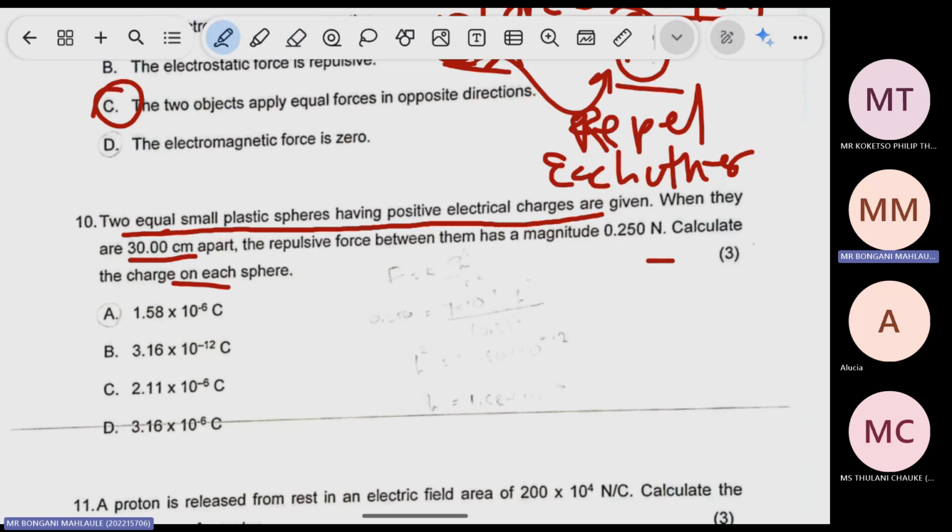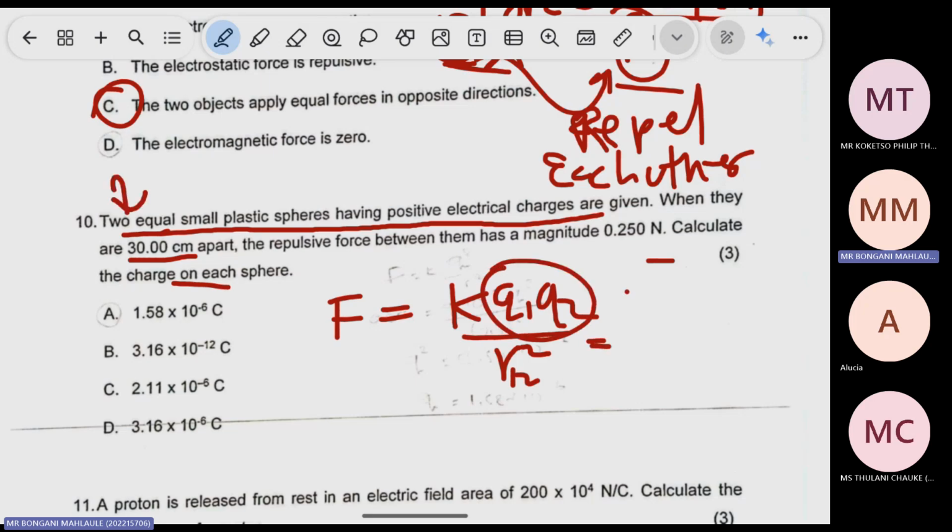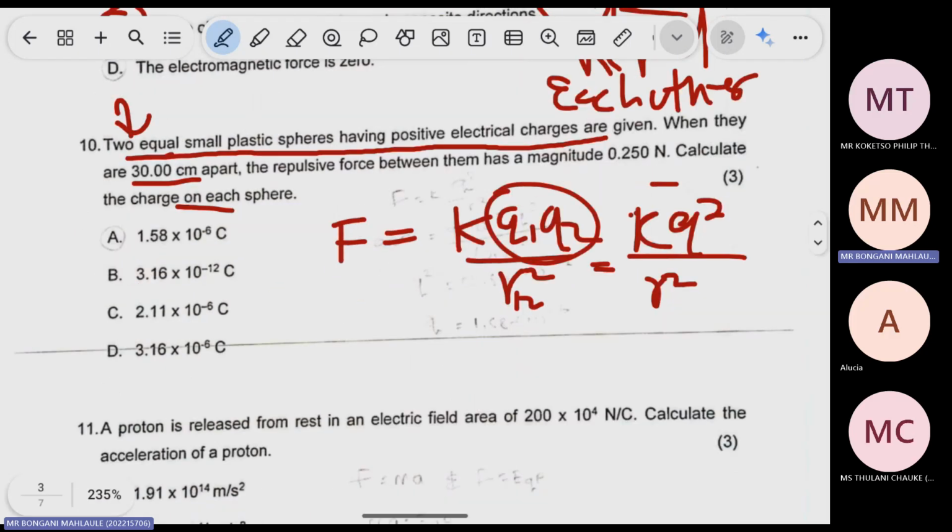You'll just say F equal to k Q1 Q2 over r12 squared. We know that since they are the same, they've got equal charges. So Q1 and Q2 are the same, so you just have Q squared over r squared. Then you calculate.